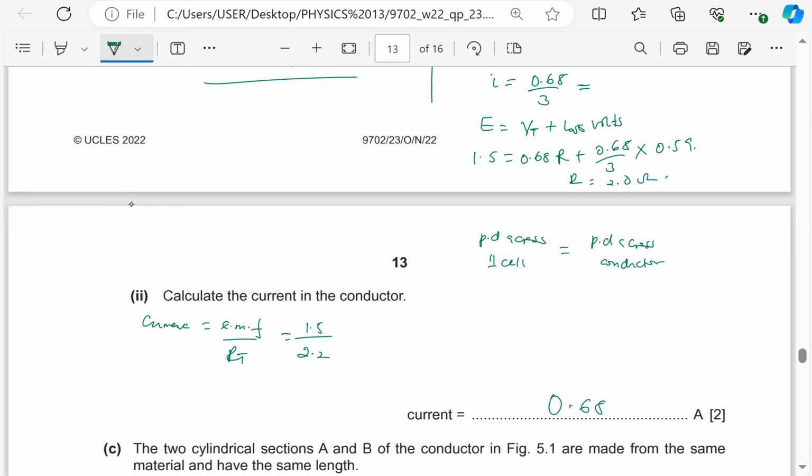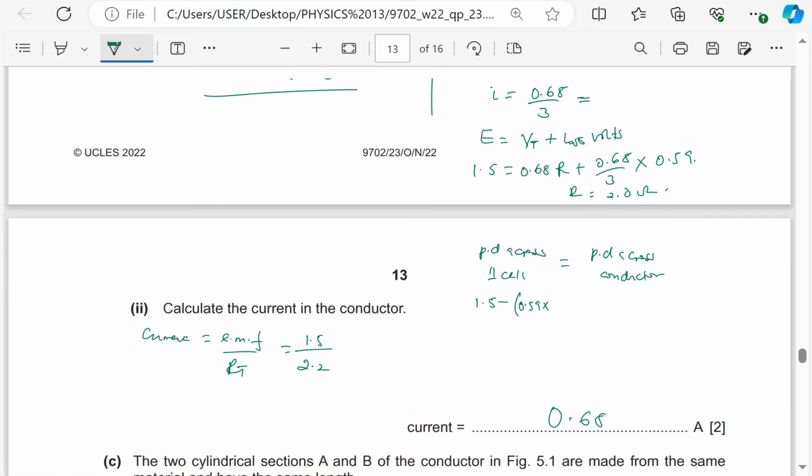So the PD across one cell is going to be the EMF, which is 1.5, minus the PD across the internal resistance, which is 0.59 times the current in the internal resistance, which is I.